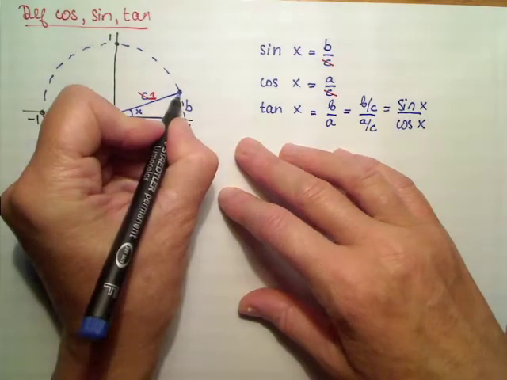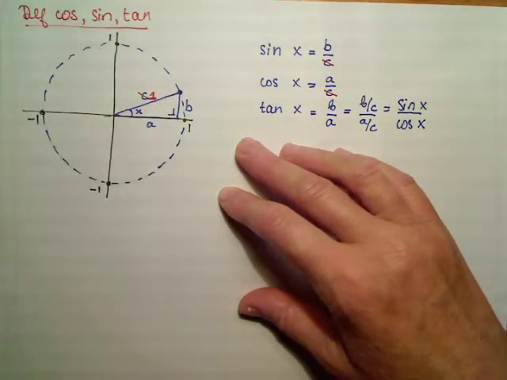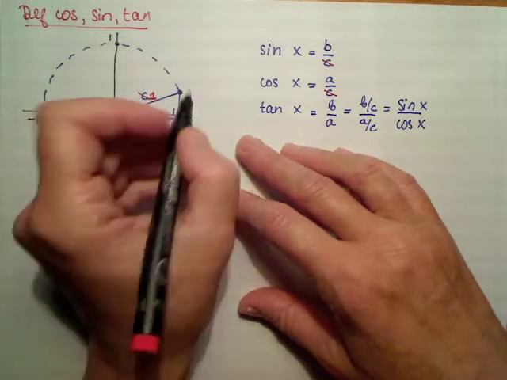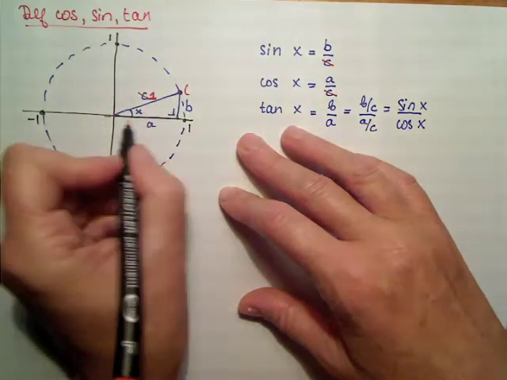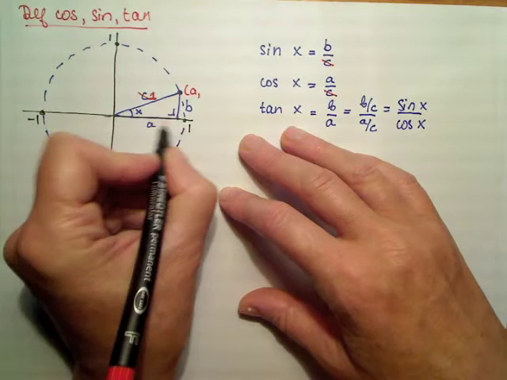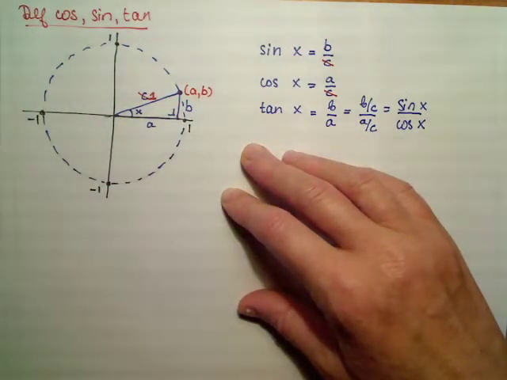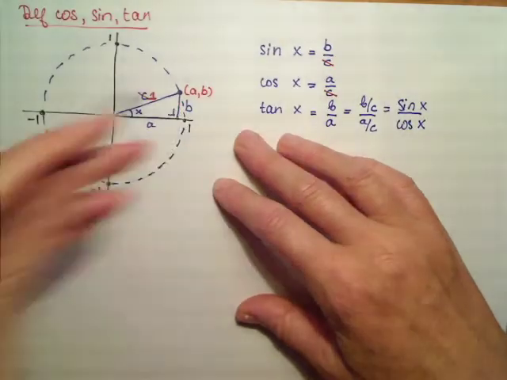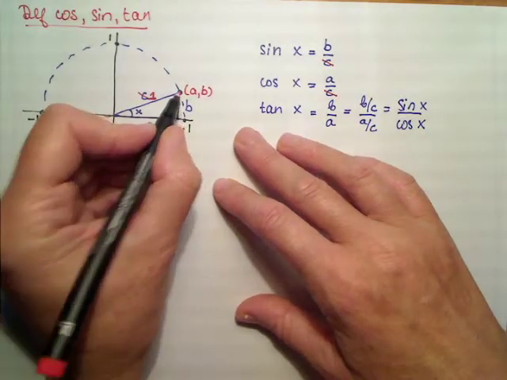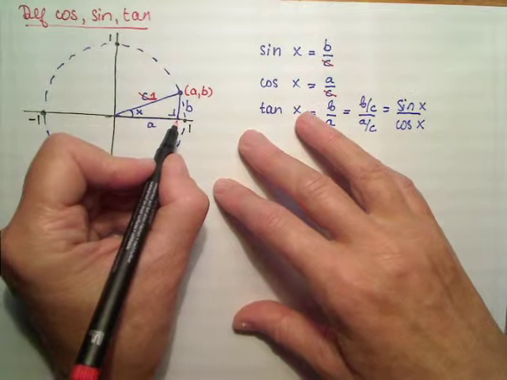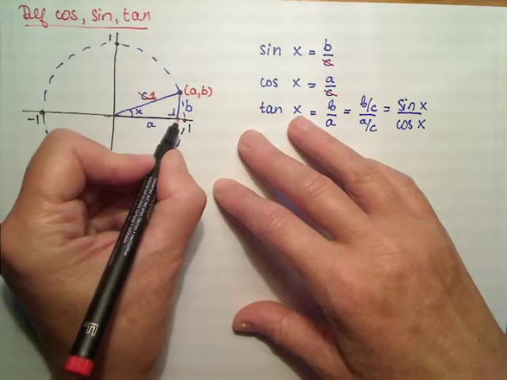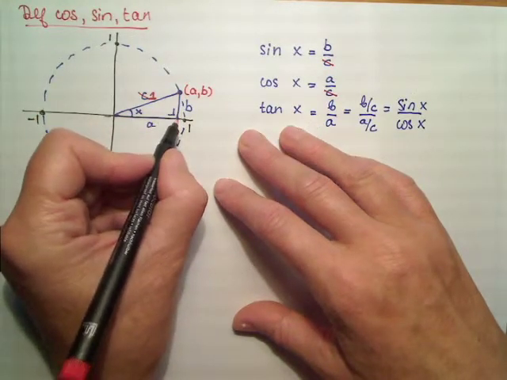Now, of course, connected with this point x, we have a point on the circle which has coordinates a and b. And what you see then is that if you look at this point (a, b), then since c is equal to 1, the x-coordinate of that point is equal to cosine.